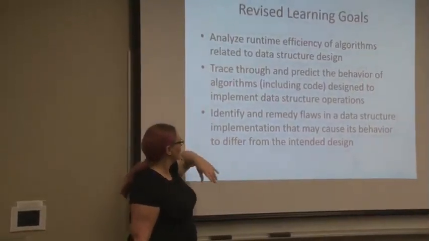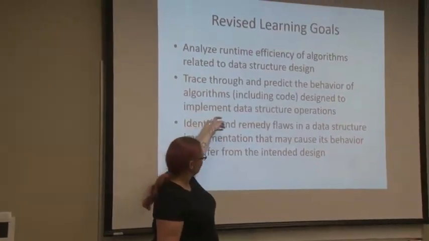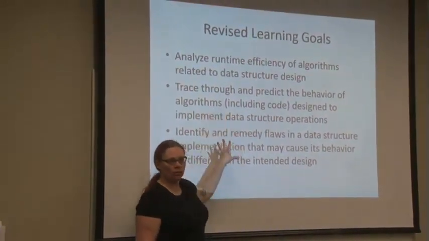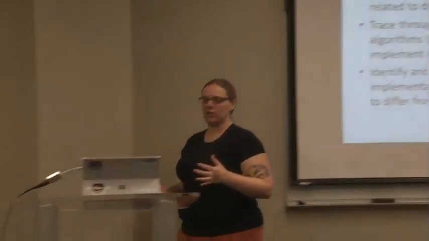All of these have the words data structure in the goal, but you could take the words data structure out and have a similar learning goal for CS1. I think that indicates that one of the things we are trying to teach students in CS2, even though we're focusing on data structures in particular, is just how to be computer scientists, how to develop code, how to write code, how to tell when your code has a mistake in it.